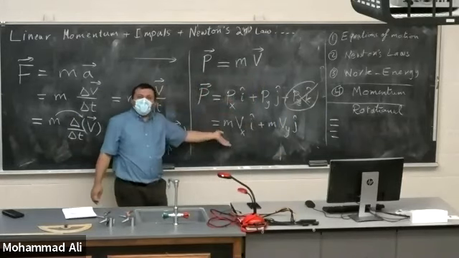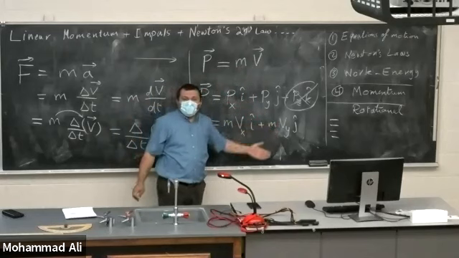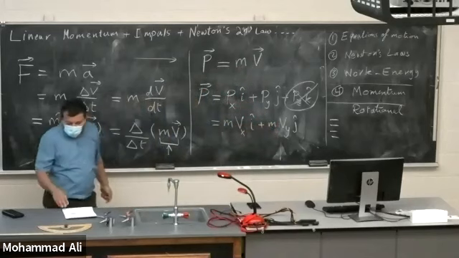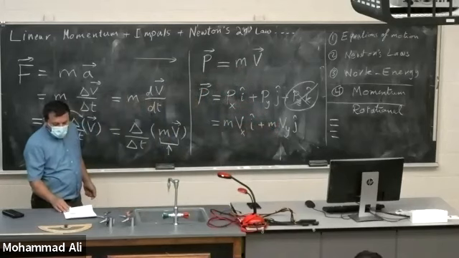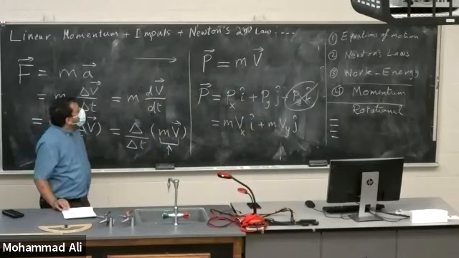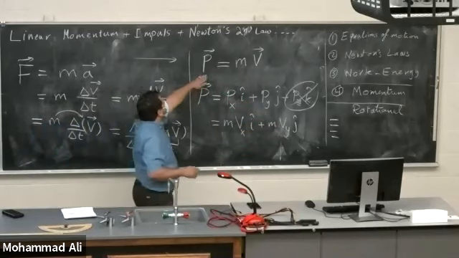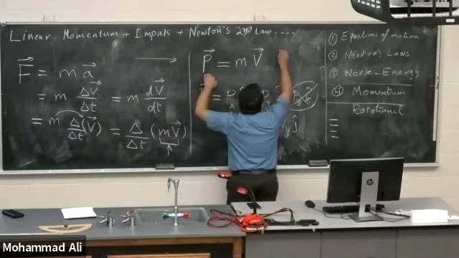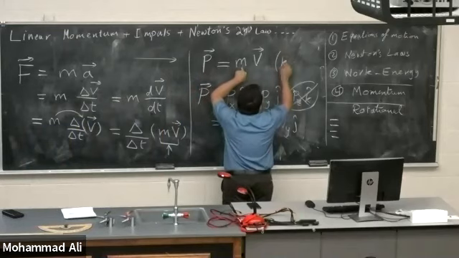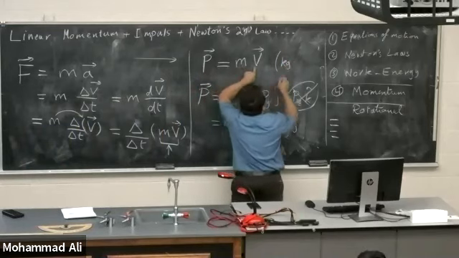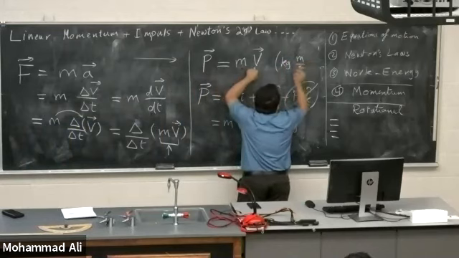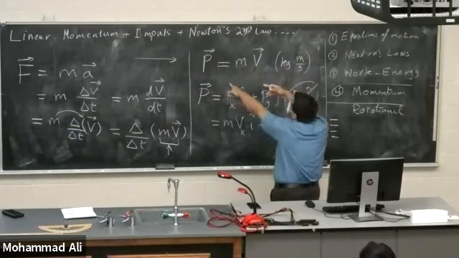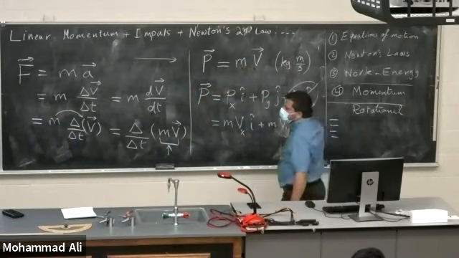In x direction, mvx. In y direction, mvy. We will solve examples on that. What are the units of the momentum? The mass has kilogram. Velocity is meter over second. These are the units of the momentum.